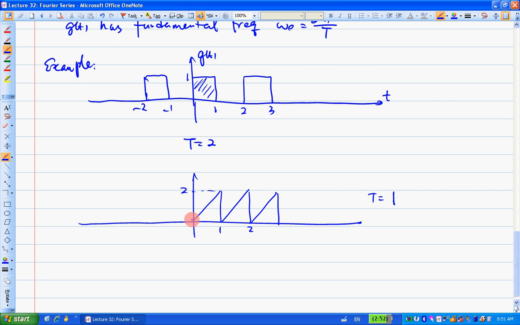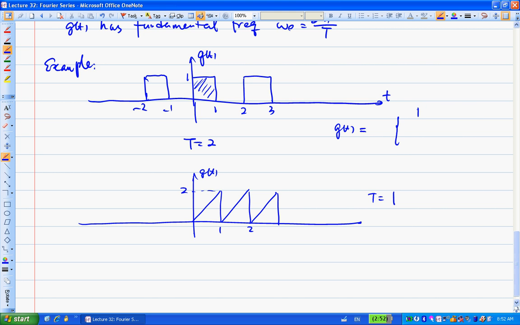But the next question is, what is the function g of t? How do you express the g of t, let's say for the first one here? In this particular case, between 0 and 1, the value is 1.